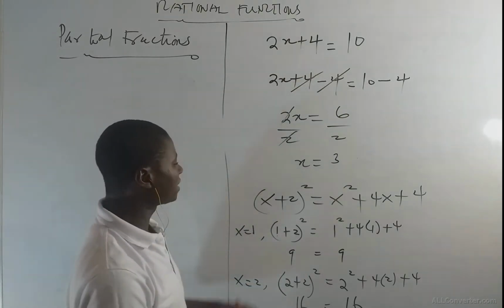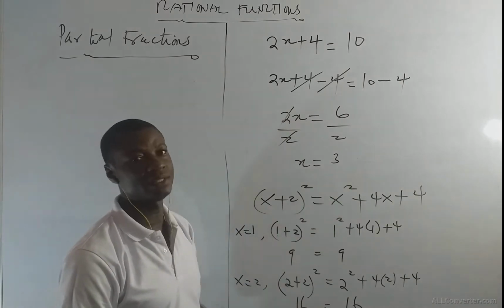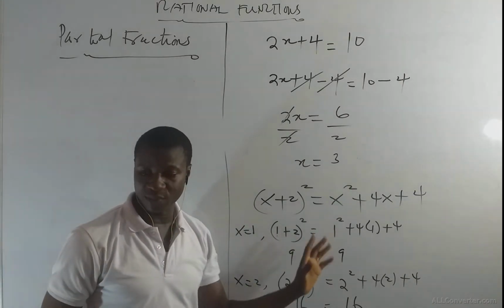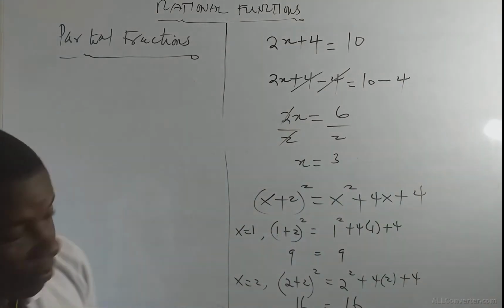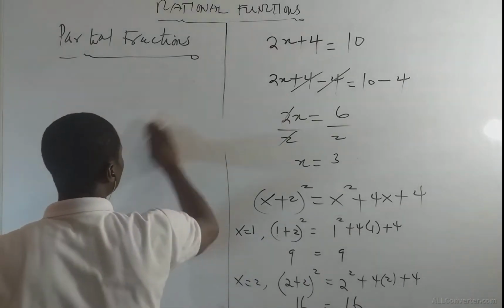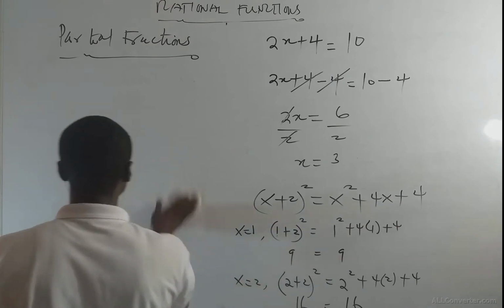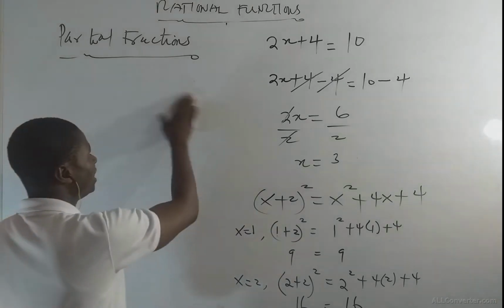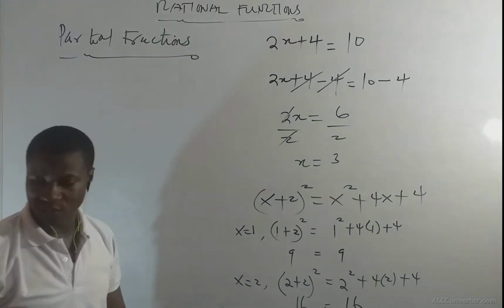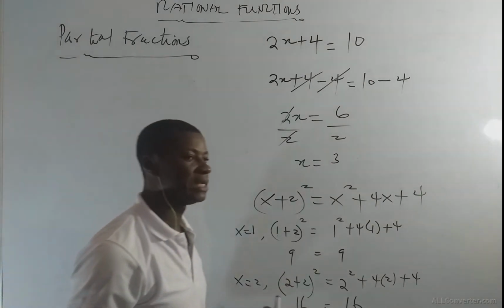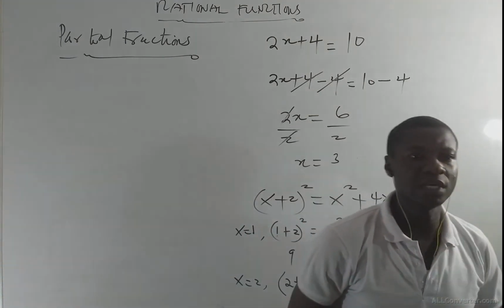Now, with the partial fractions, we are going to consider a lot of identities so that you appreciate what I'm talking about here. So we continue with our partial fractions. With the partial fractions, we have types. We have denominator with linear factors. We have denominator with quadratic factors. We have denominator with a repeated factor.